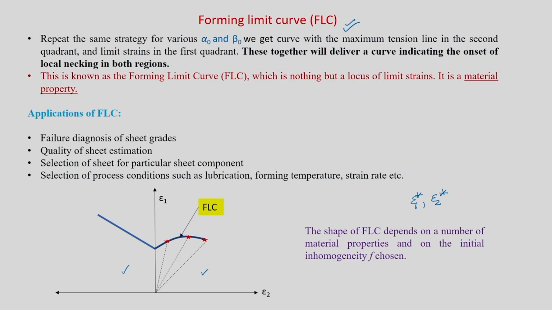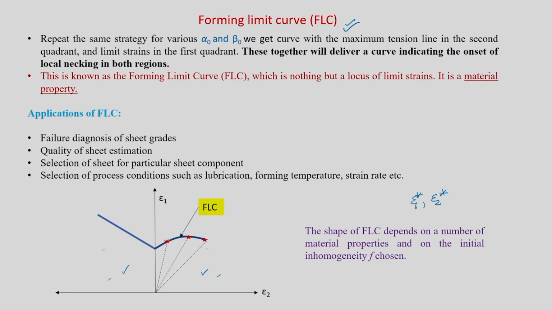If we get this data for different values of alpha or beta, from the left hand side extreme to the right extreme, that is, negative minor strain to positive minor strain, and connect all of them, that is your forming limit curve. That's what we have seen.